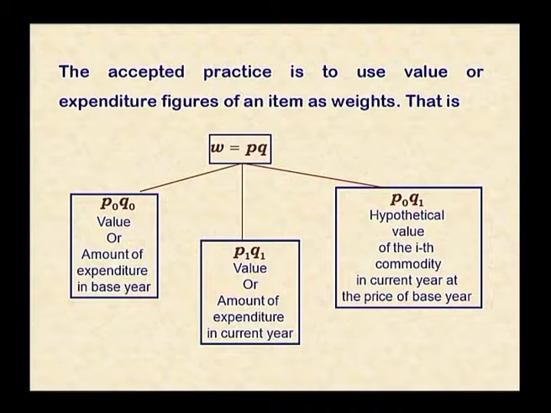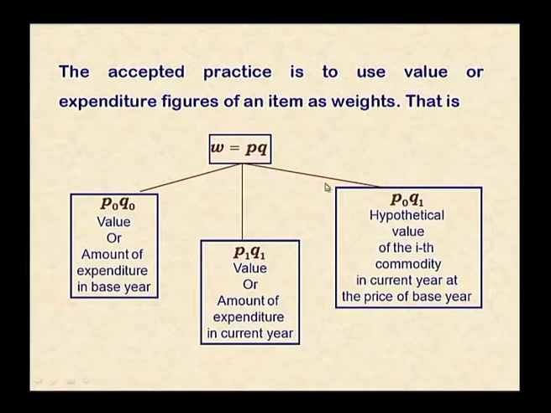When we take the prices and quantity of the base year, this weight equals P naught times Q naught in particular. So, for the ith item it will be P naught i times Q naught i, that is, this gives the value or amount of expenditure in the base year, or we can take W as the product of P1 Q1, that is, value or amount of expenditure in the current year.